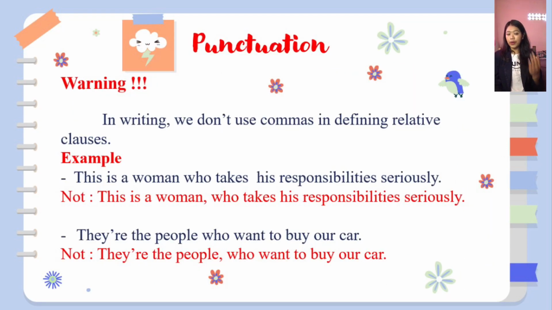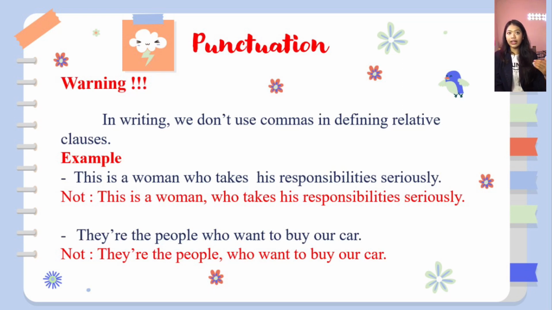Okay, next, punctuation. Punctuation is an important thing in writing. So the warning is that in writing a defining relative clause, we don't use commas. For example, this is a woman who takes her responsibilities seriously, not this is a woman, comma, who takes her responsibilities seriously.